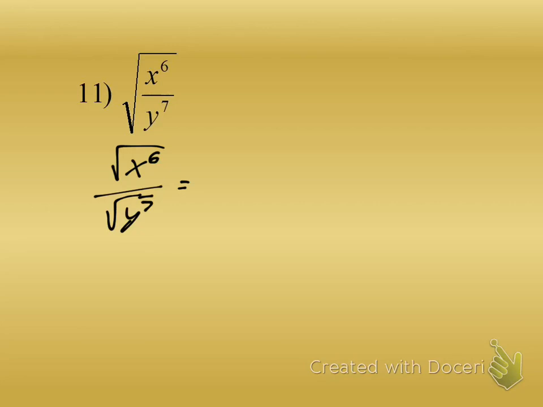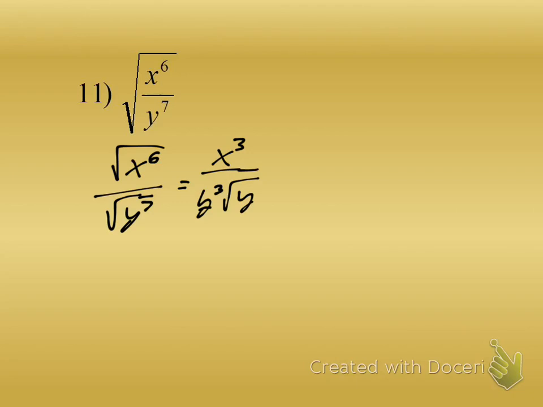Simplify, good. Square root of x to the 6th can become what? x to the 3rd, good. What about y to the 7th? y to the 3rd, rad y. Good. Okay. x to the 3rd over y to the 3rd, rad y.